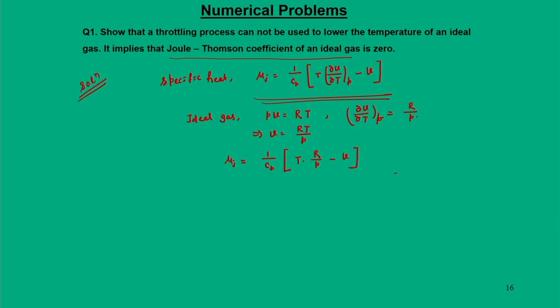Now, RT by P is nothing but V. So, I can say 1 by Cp into (V minus V) is equal to 0. So, we say mu J is equal to 0.